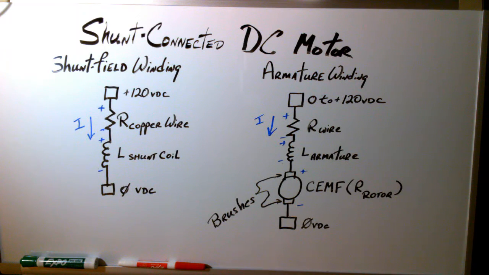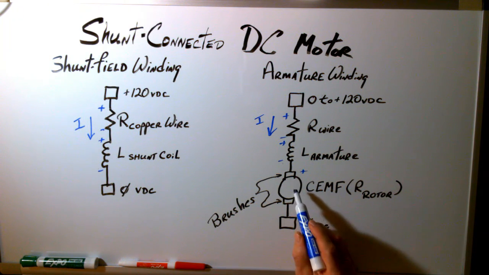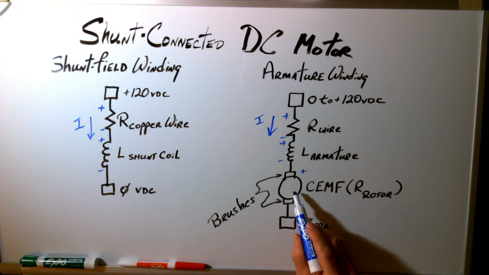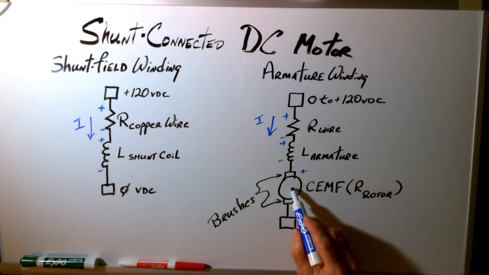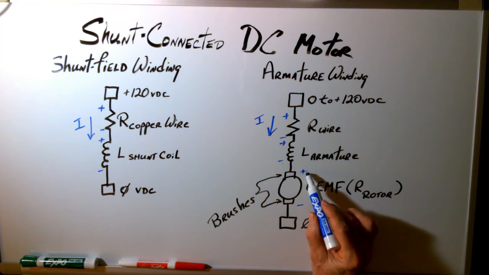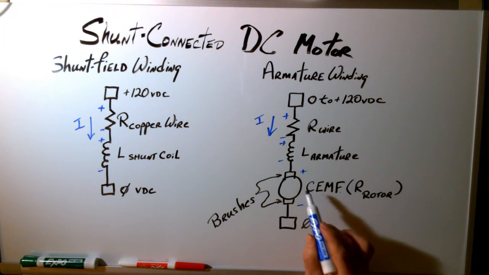So this is what accounts for the phenomenon that we see, and that is if I all of a sudden slow my armature down, slow its rotation down, the current increases. The reason that happens is that if I prevent it from rotating, this counter EMF, counter electromotive force, can go all the way to zero.